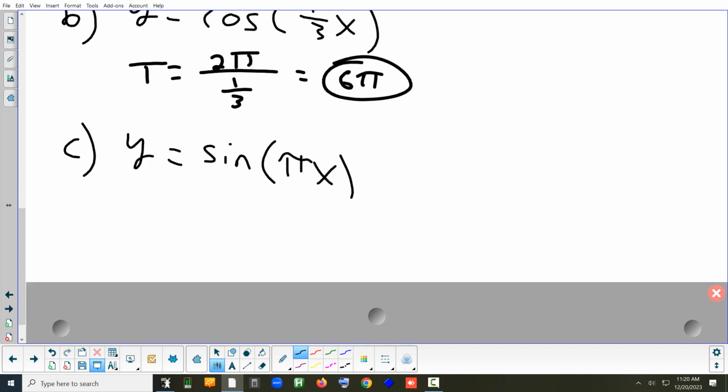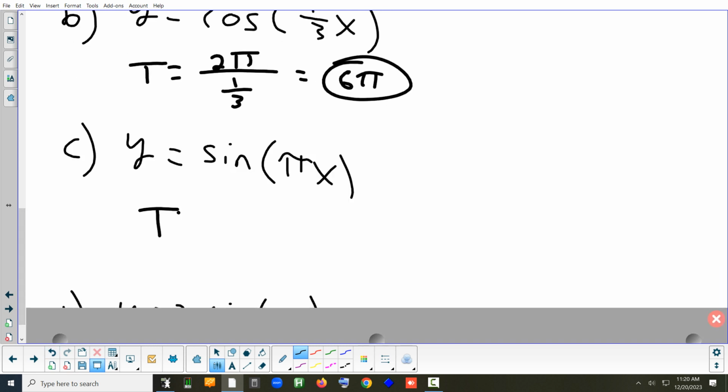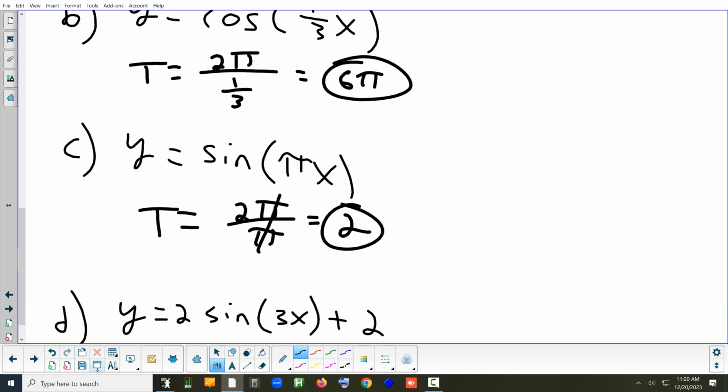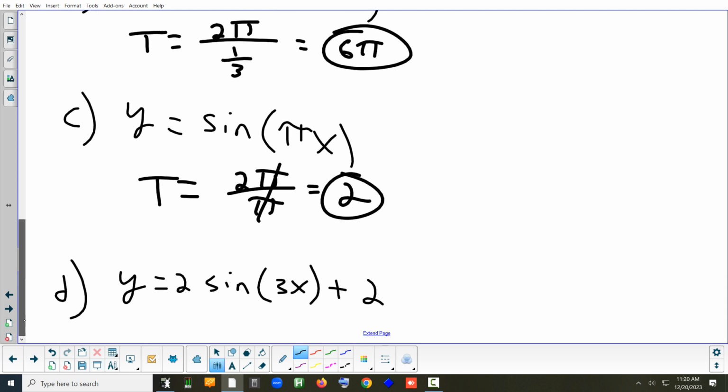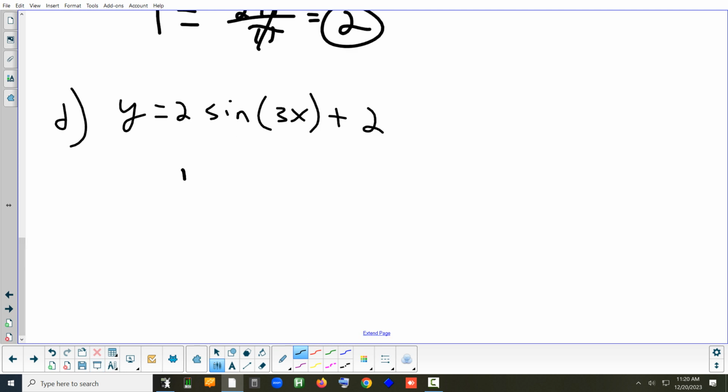How about the period here? The b value is pi. I guess that's what I've been asking for all along. The period would be 2. And what about the period in this one? Final answer.